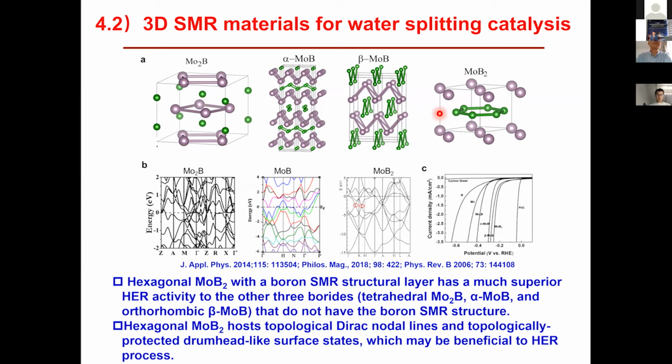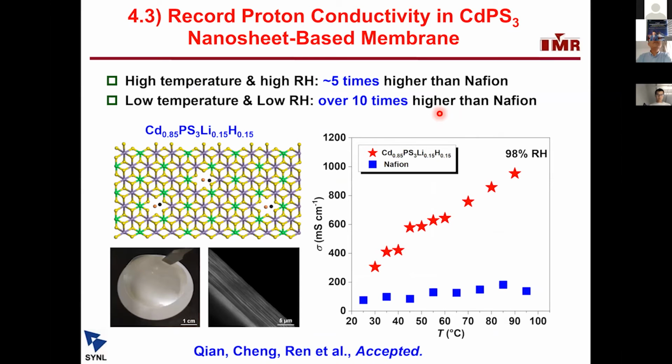The third one is a work we have done, which was just accepted by Science two weeks ago. We found that this material, which also has a six-member ring structure, has very high proton conductivity.